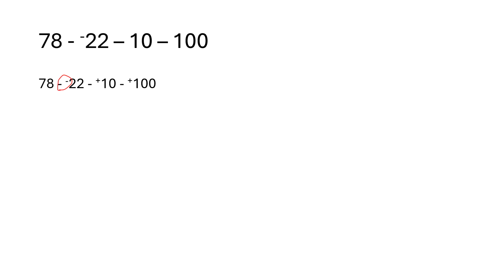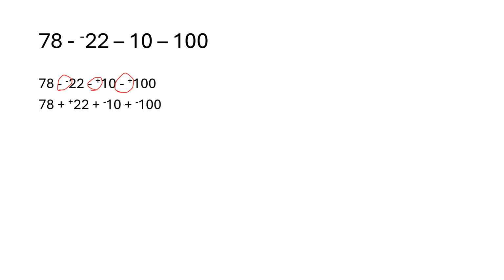And then we are working our way to making this an addition problem, to where it's all addition. So we will convert our minus negative, and then we will convert minus positive, and then we'll convert this other minus positive, and make it all addition.